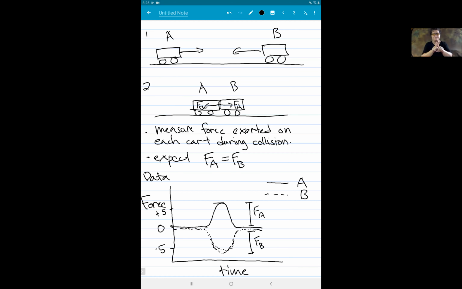The very top here and the very bottom here, the same distance from 0. That's what you're going to see, and that's basically the data confirming for you Newton's third law. It's measuring the force during the collision, and it's saying, hey, guess what? The forces were equal and opposite, which we would expect. And this lab is just a way for us to show it, to see it, to actually do some kind of little experiment and actually measure Newton's third law in action.